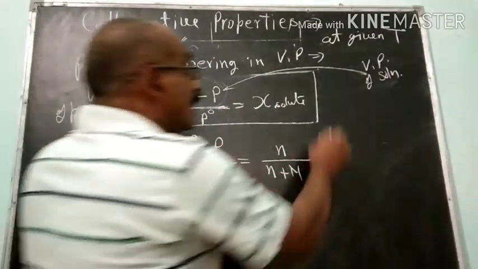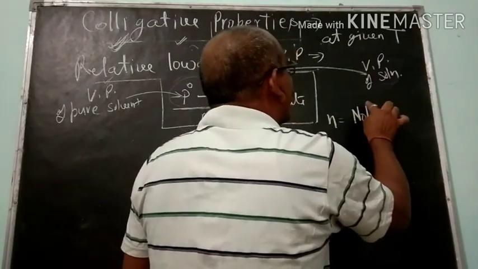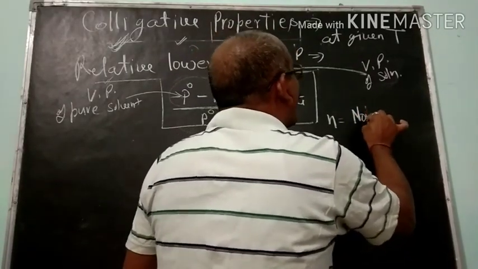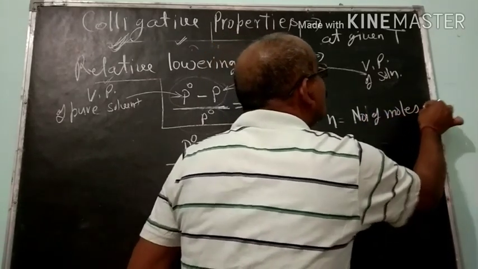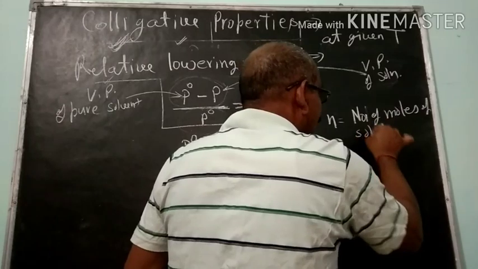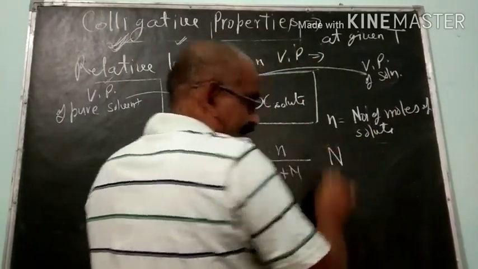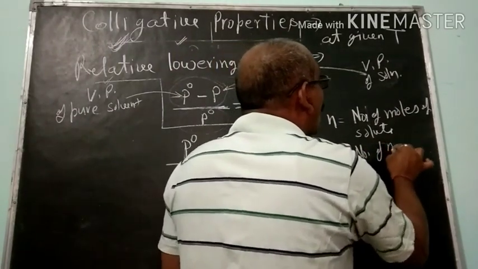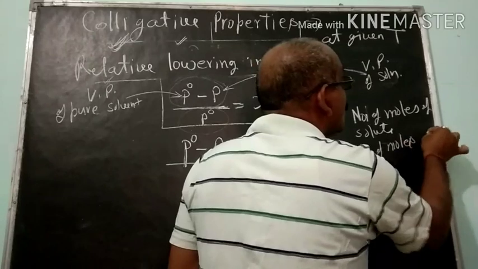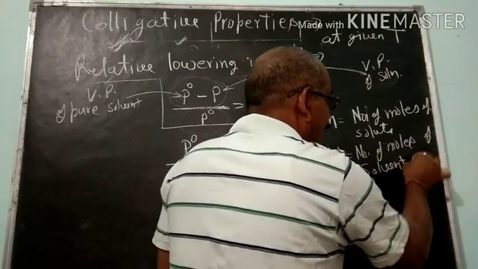Here, small n denotes the number of moles of solute, while capital N denotes the number of moles of solvent.